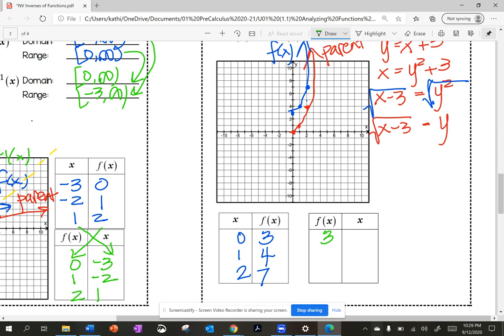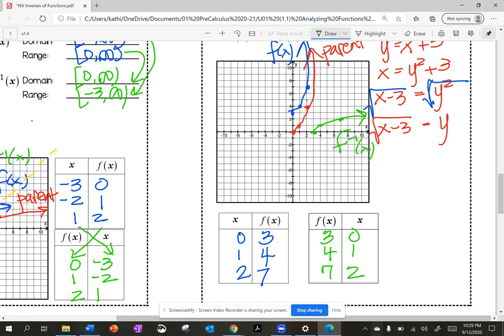So now this becomes 3, 0, 4, 1, and 7, 2. So I'm going to switch and plot my points. So 3, 0, 4, 1, and 7, 2. So here is my inverse.